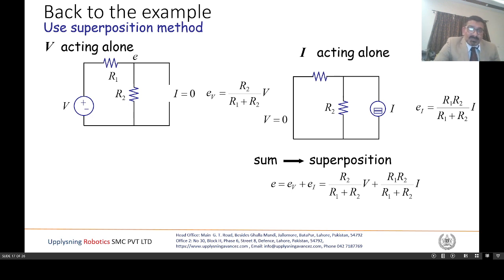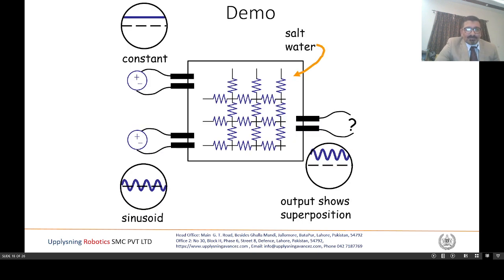Then we can sum it. If you look down, the nodal voltage is equal to the nodal voltage from V plus the nodal voltage from I, which is R2 divided by R1 plus R2 times V plus R1 R2 divided by R1 plus R2 times I. This is what we call the superposition sum, and we can easily solve the circuit equations.